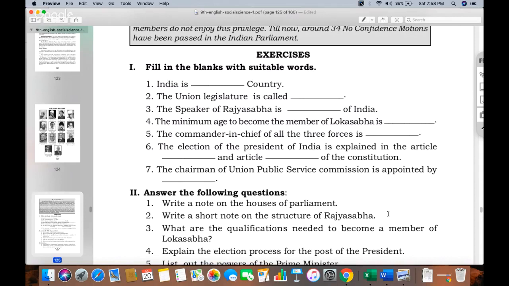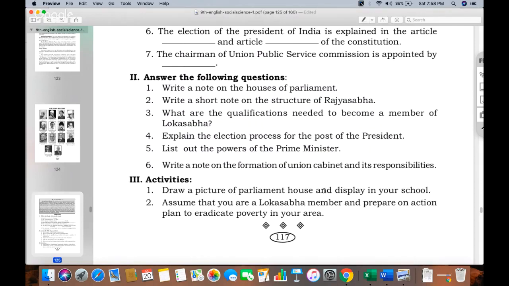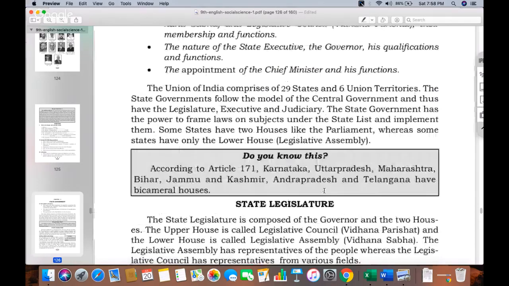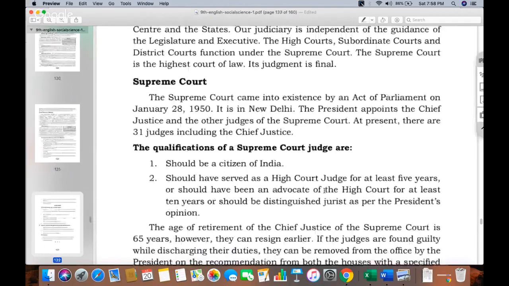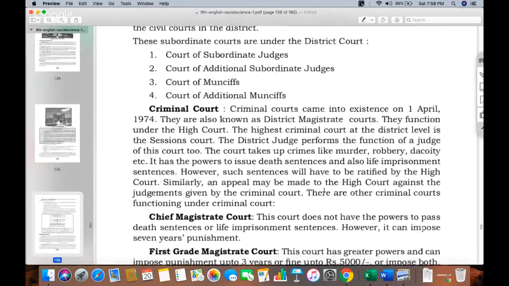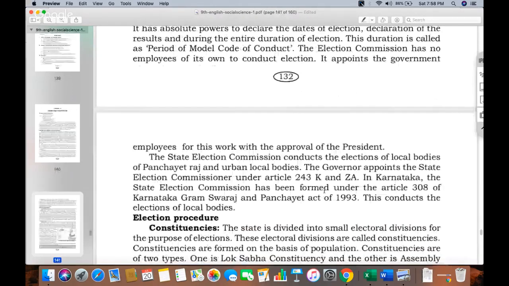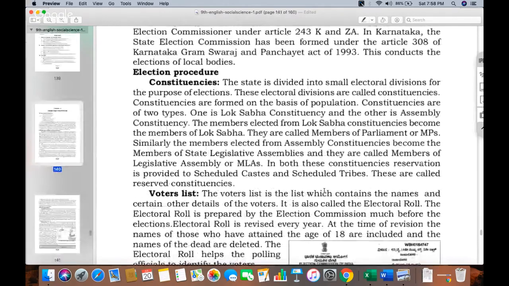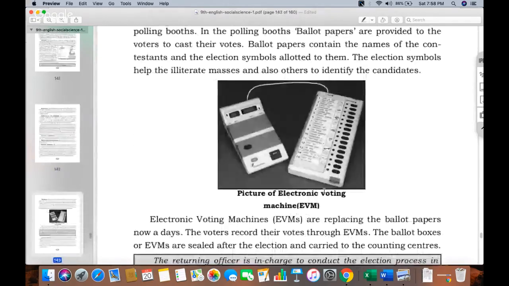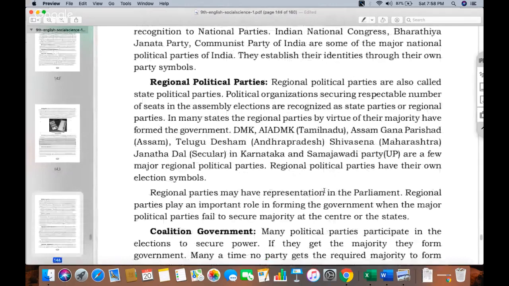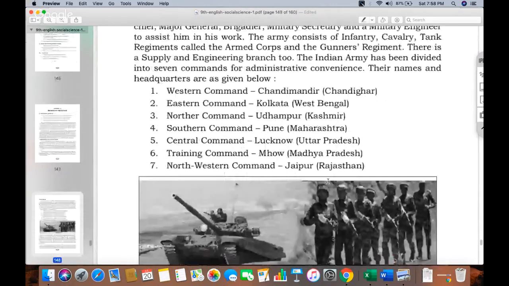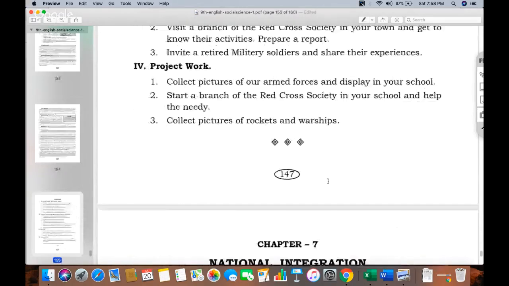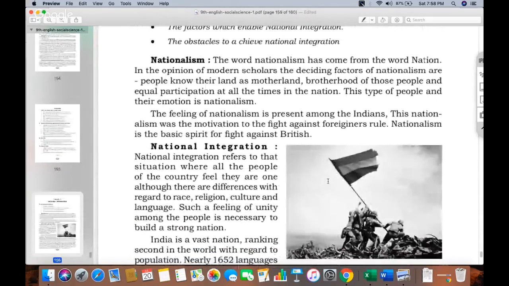Okay, so thank you so much. In the next class, we will discuss state and then comes judicial system. And the 5th chapter is, just let me check, Indian election system. So now the things will become very, very easy. Most of the things we'll know. Defense of nation, national integration.